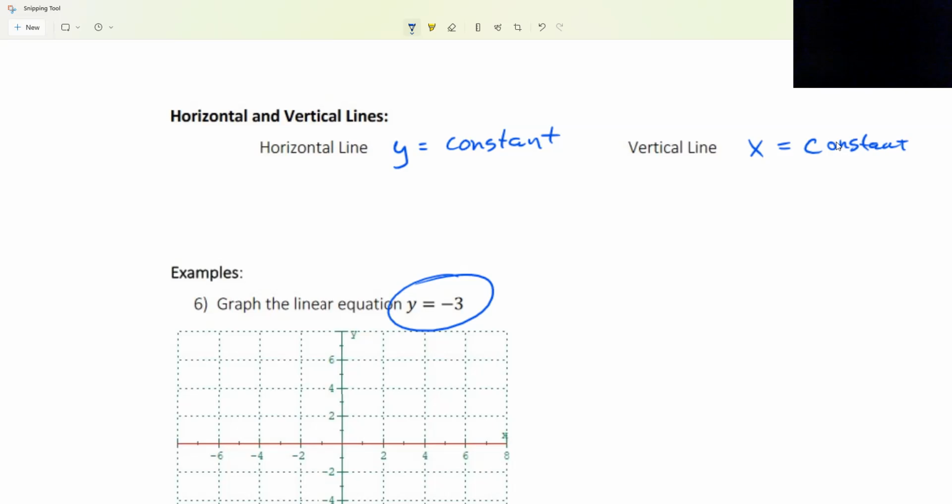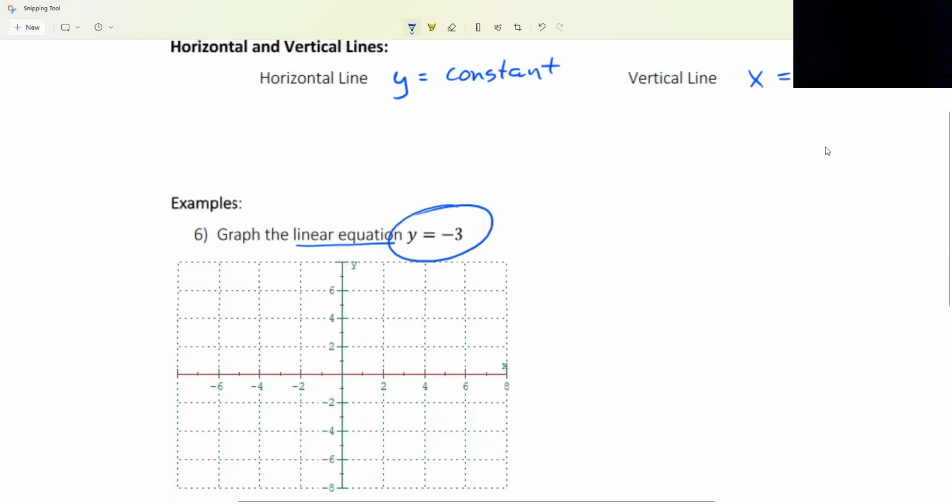They're telling you that it's an equation, but you can look at that as the y-intercept. We'll get into this a little bit later, but the slope is 0 on a horizontal line. So when you see the equation for it, you can think, oh, that's just the y-intercept. So you go down to -3.